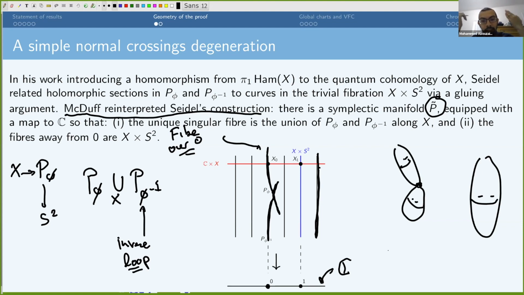The key feature I'm going to use is that this total space, P tilde, which has dimension 4 more than X, is a smooth symplectic manifold. It's not a Lefschetz fibration. The singularities are not those of a Lefschetz fibration. They're more like the simplest type of normal crossing divisor, if you're familiar with the language of algebraic geometry. The smooth fiber, as I said before, is a copy of X times S^2.